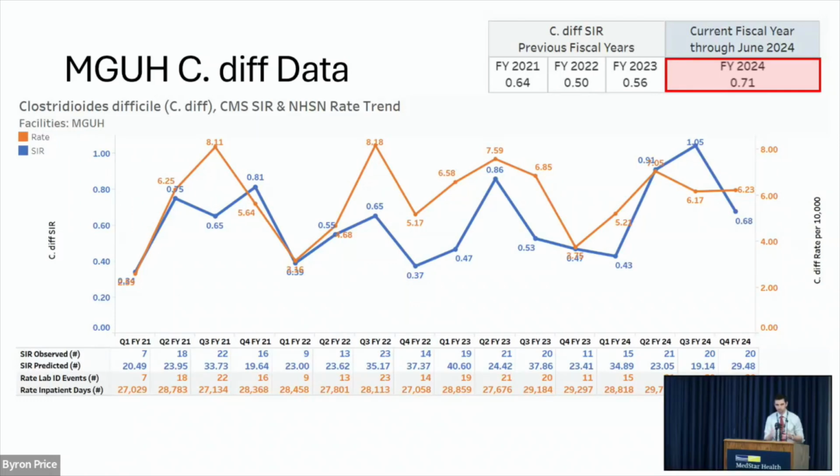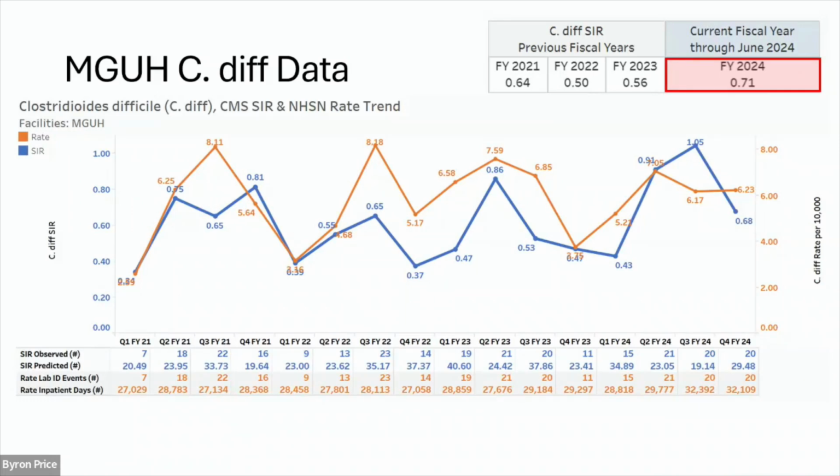And some people in the audience might remember, if you ordered a C. diff test and that soft stop popped up and said this patient doesn't meet requirements for C. diff testing, and you overrode that stop, we would review the chart and then contact you and try to come up with a plan on, is this a patient that we should test for C. diff, or is this a patient that could have something else going on? And this was a highly effective process for us, but it was resource intensive.